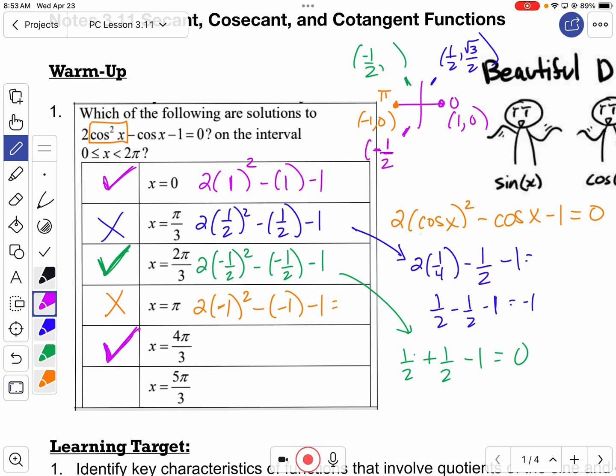Right, so we can follow that same pattern. And then 5 pi over 3, that puts me down in the 4th quadrant. What's going to be true about your cosine in that quadrant? It's positive. And did the positive 1/2 work? No. Okay. So a little process of elimination there that we can do to plug things in, just kind of guess and check, all right? We're going to have a much more efficient method for doing that here in a little bit, okay? But for right now, that works, okay?